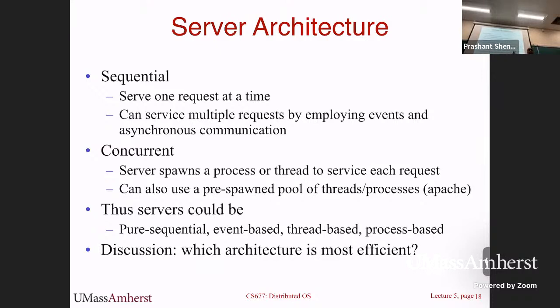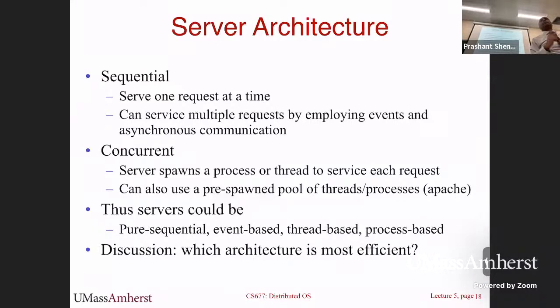Better isolation, but if you're looking for performance, thread-based will have better performance because context switches are cheaper. For the same number of requests, you pay less tax of context switching. Is that clear? So clearly process-based is less efficient than thread-based. So that gets us to the question of event-based versus thread-based: which is more efficient, which has better performance.